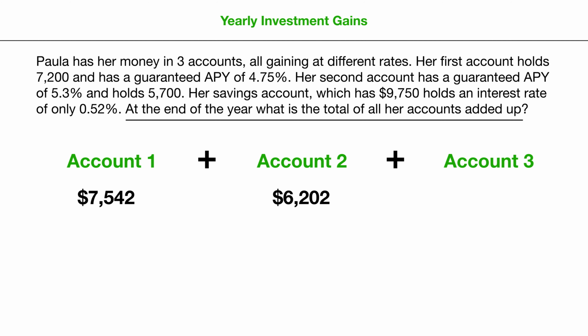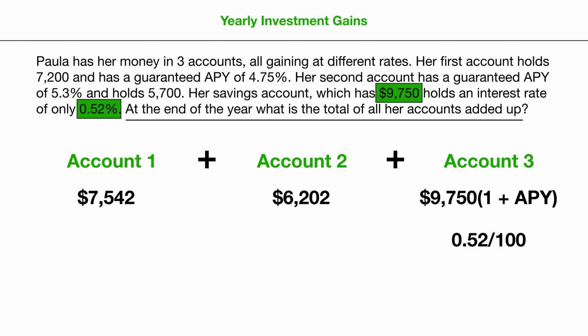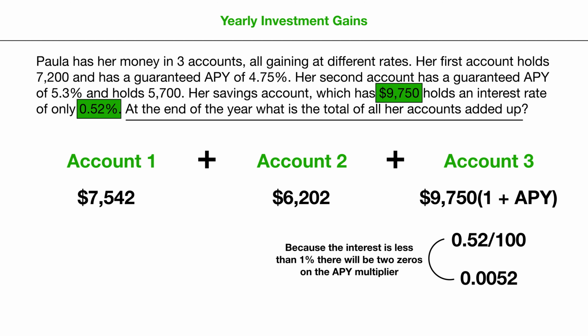Now the same thing for account 3. It has $9,750 in it and an interest rate of only 0.52%. This is an error that some people might make: you're going to go 0.52 divided by 100, not 5.2, and that's going to give you 0.0052. Because the interest rate is less than 1%, there will be 2 zeros on the APY multiplier and not 1, because it's 0.52%, not 5.2%.